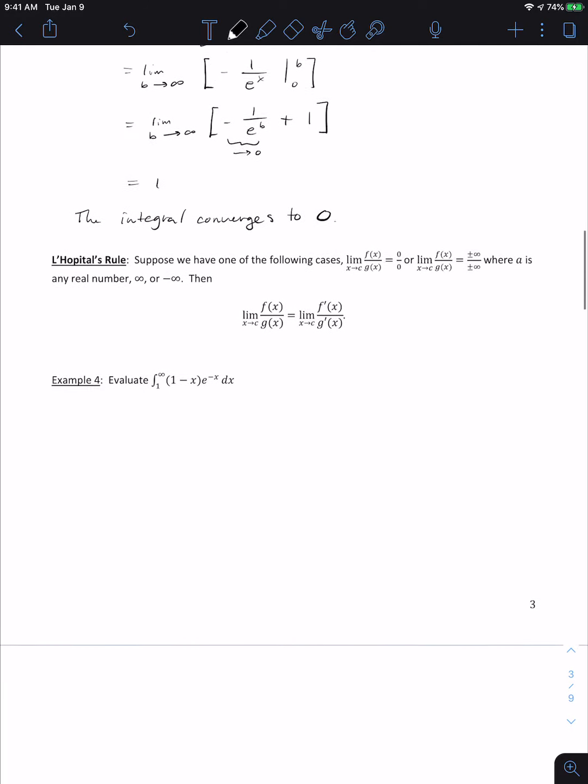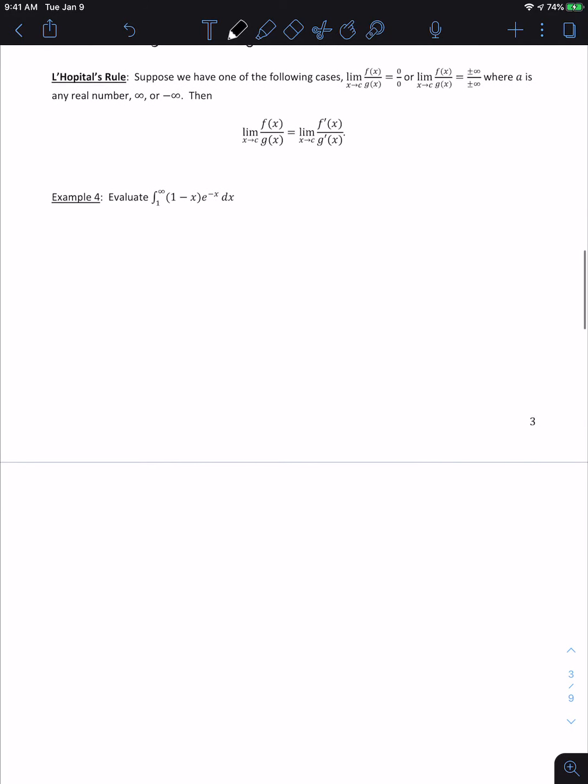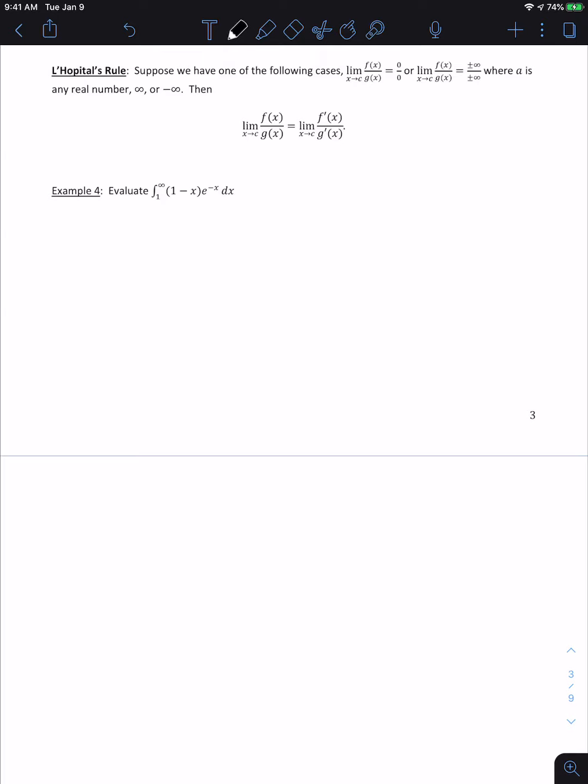right? And one thing we should have learned maybe in Calc 1 was L'Hopital's rule. And L'Hopital's rule allows us to find limits, right? So what does L'Hopital's rule say? It says if we have the limit of some rational function f of x over g of x as x approaches c, and I get 0 over 0, or positive infinity over positive infinity, or negative infinity over negative infinity, then I can take the limit of the derivatives over top of each other, right?